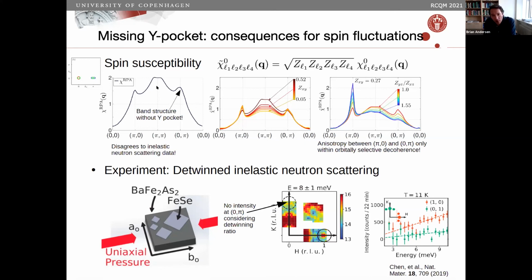I don't know if nearest neighbor Coulomb is the answer to all this. I doubt it, because there's plenty of other ways to generate nematicity in these systems. I just find it striking how simple it is to get the right bands of iron selenide using this mechanism. And again, we're not the first to point this out.